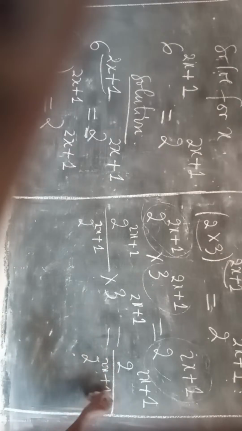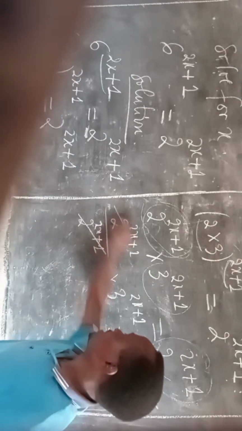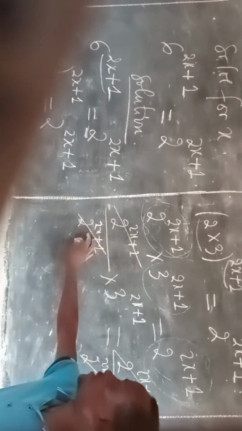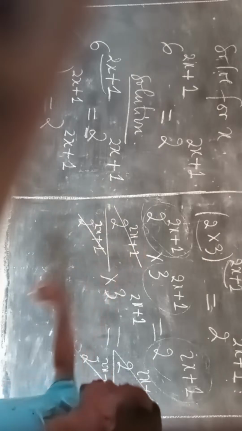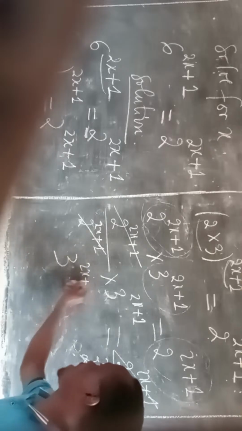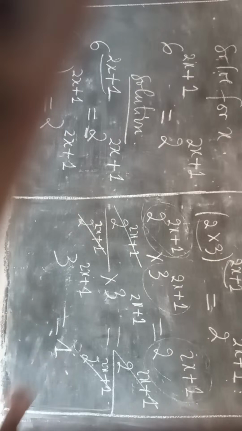You see now, the similar factors, you have to cancel them. This over this is equal to 1, and we remain with 3 power 2x plus 1 equal to 1.